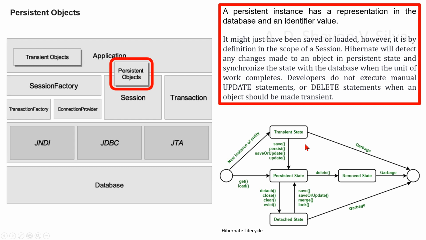As it is not connected to any Hibernate session, it is not connected to any database table. So if we make any changes in the data of the POJO class, then the database table is not altered. Transient objects are independent of Hibernate and they exist in the heap memory.